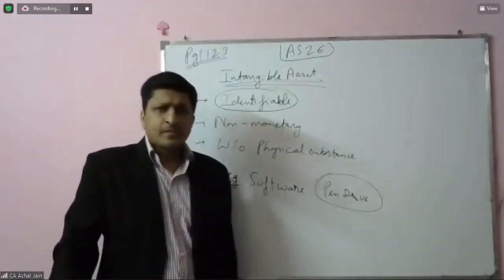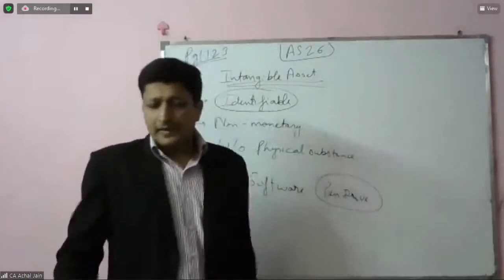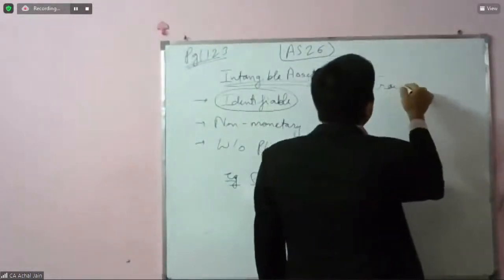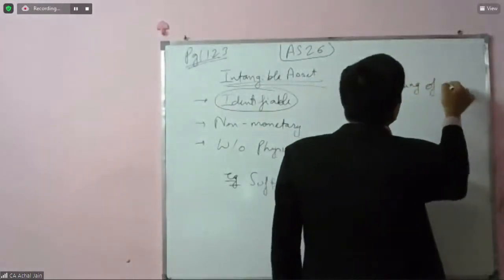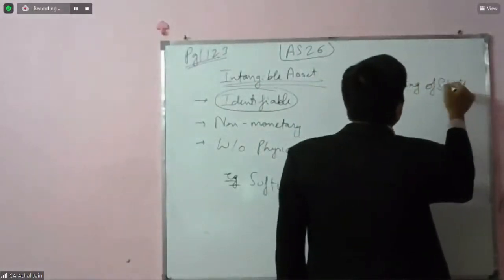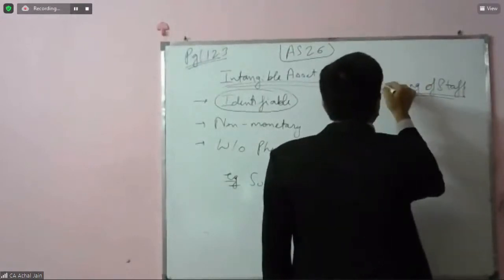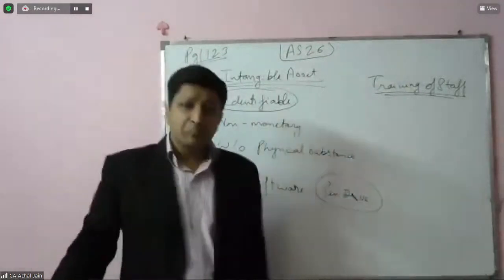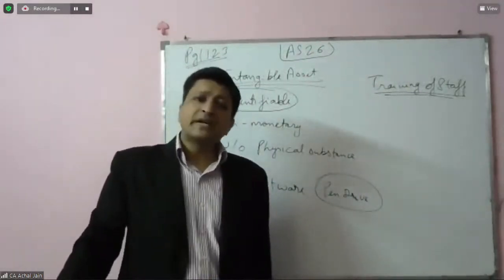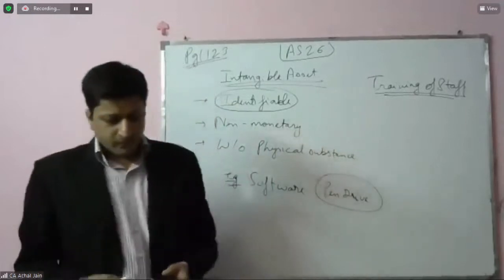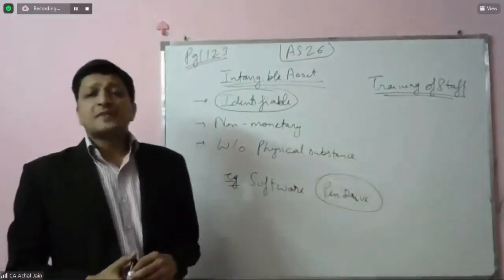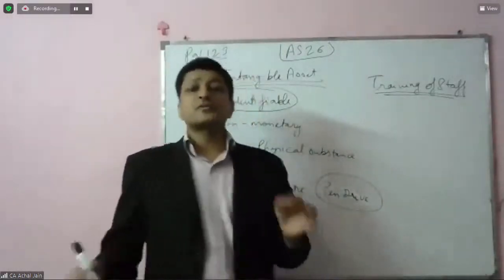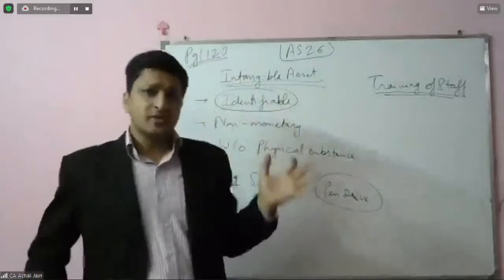Okay. Let us take another example. Say, training of staff. Training of staff means a company had employees who had been trained in respect of some specialized skills which are required for their activities related to the business.